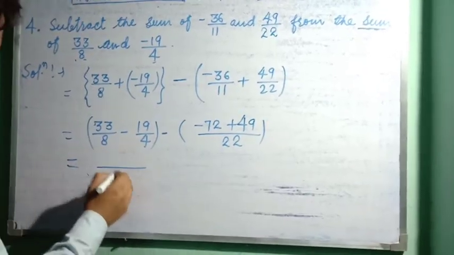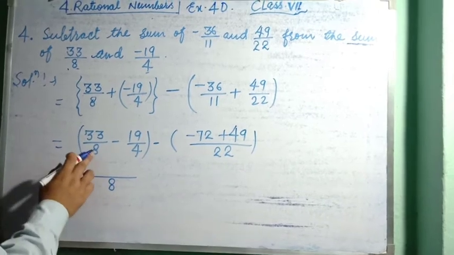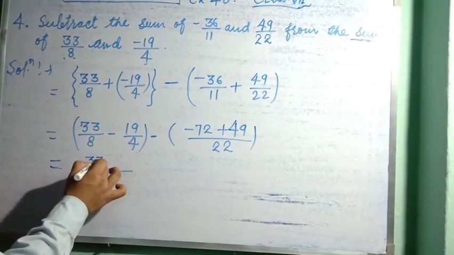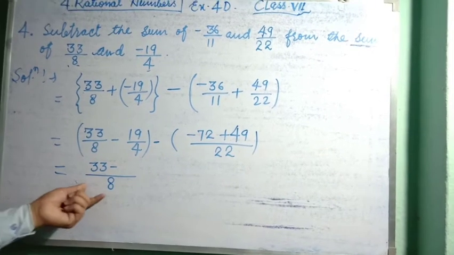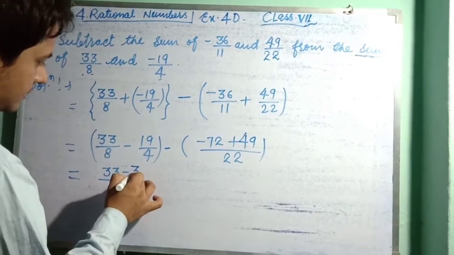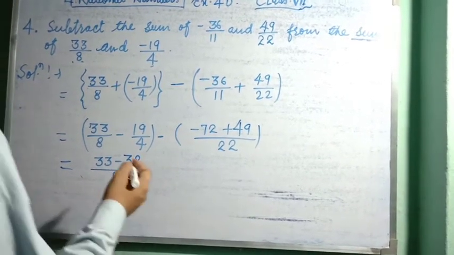Now take the LCM, which is 8. Divide 8 by 8, 1 multiplied by 33 is 33. Divide 8 by 4 becomes 2. 2 multiplied by 19 is 38. This is minus.